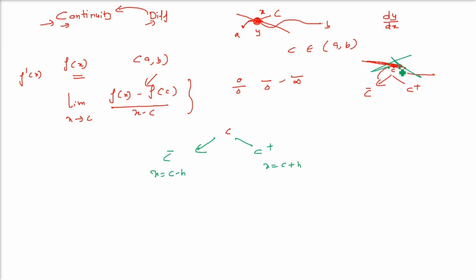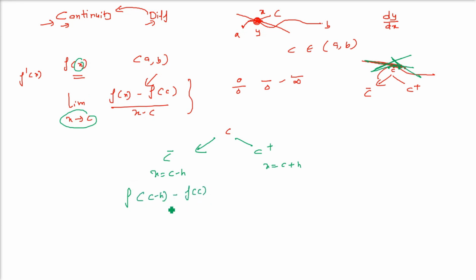Just as with left hand limit and right hand limit, here the left hand derivative and right hand derivative ought to be the same. There is only a single line, no multiple lines. Otherwise there are multiple lines, which means it has two slopes.